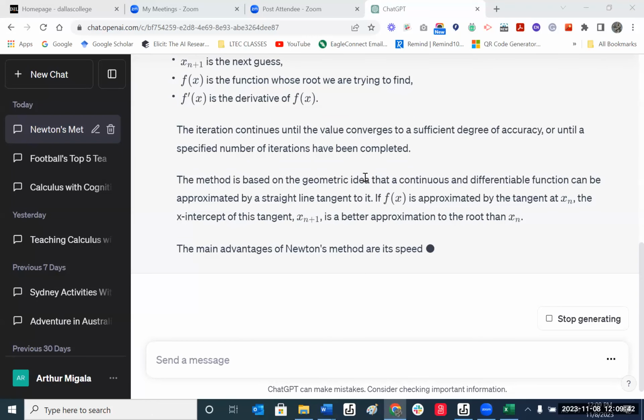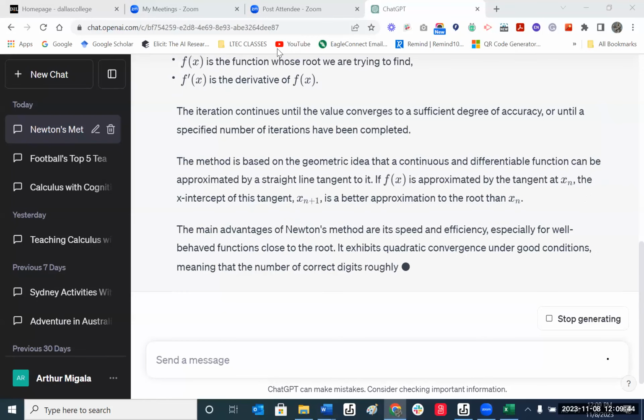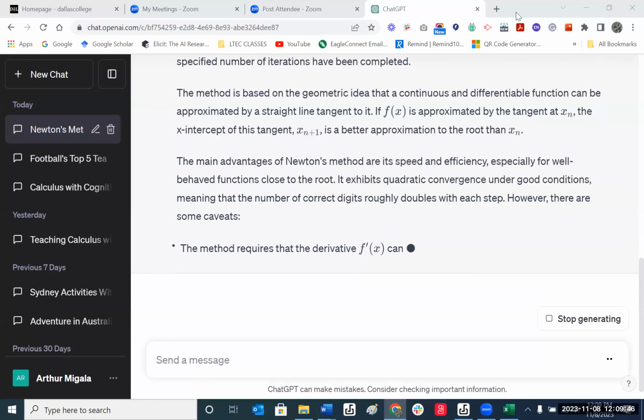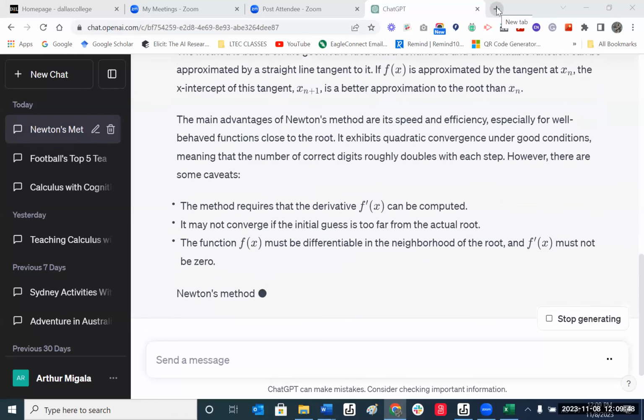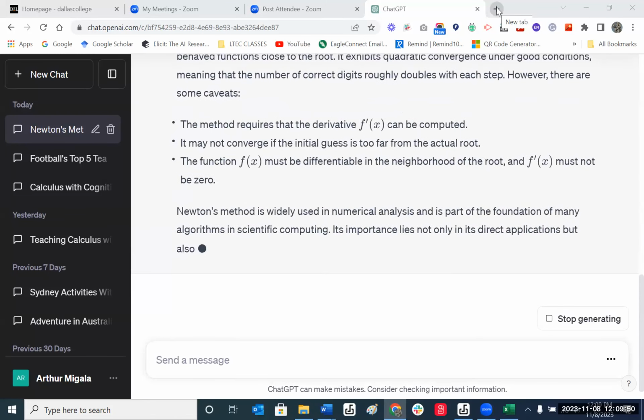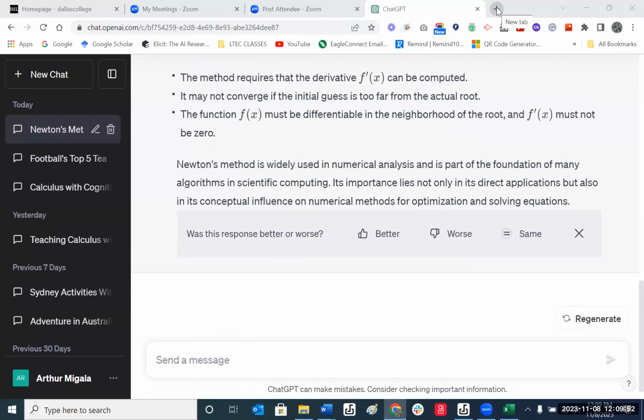But think of this phrase, garbage in, garbage out. If you tell it in a terrible format what you're looking for, it'll give you junk.